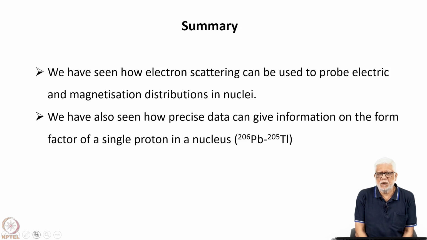This example was taken from the literature. This experiment has been done more than 40 years ago: the difference in scattering cross section between lead 206 and thallium 205. I thought I should show this because it shows the kind of beautiful results that you can get by doing such electron scattering experiments.